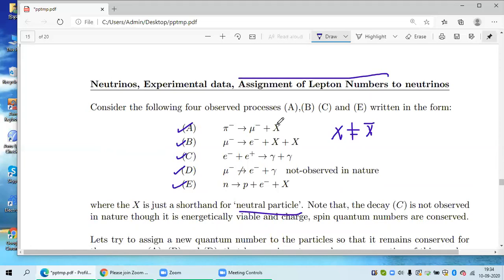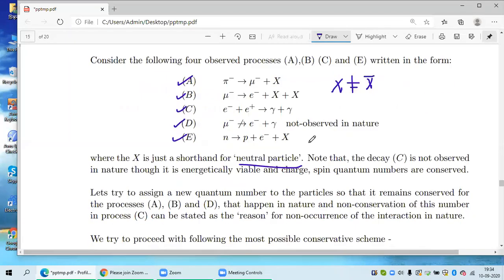Charge is 0 for X and 0 for its antiparticle, because it is a neutral particle. So charge can't distinguish X and X bar. But since experimentally X and X bar are different particles, as we have proved, there must exist some quantum number which takes a different value for X and X bar. This is one conclusion we can take from the basis that X and X bar are different particles.